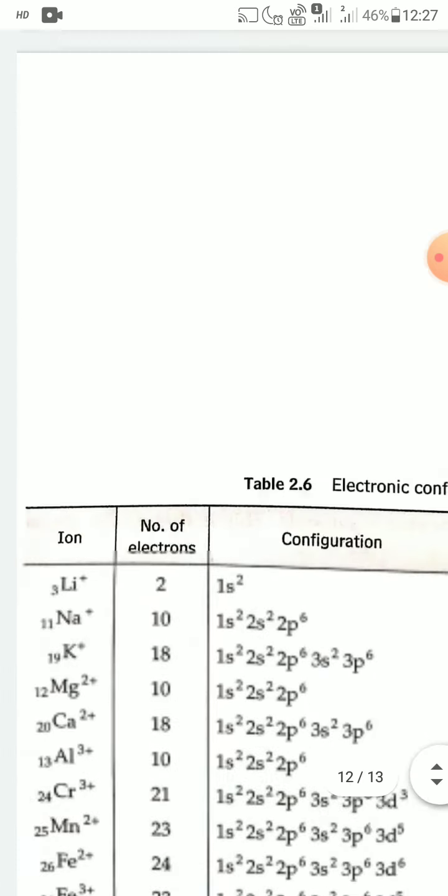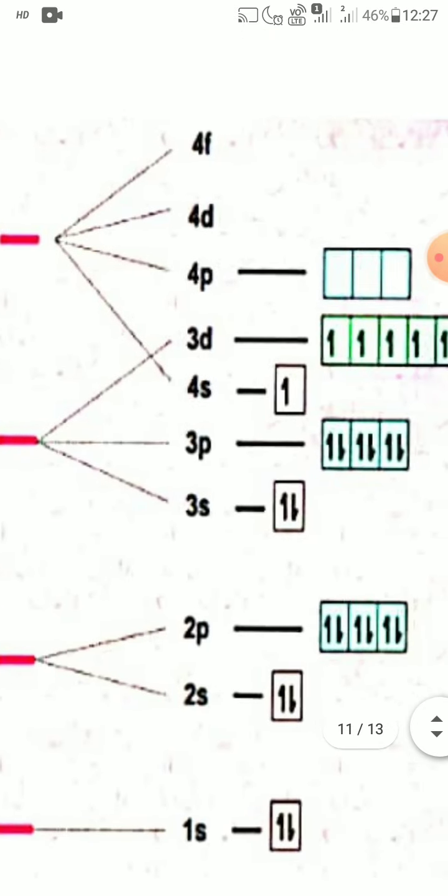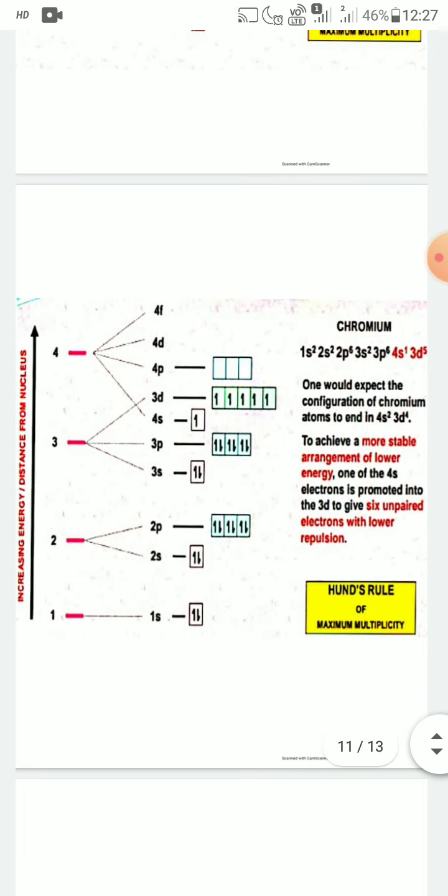Chromium has a total of 24 electrons, so you have to arrange these electrons in different orbitals: in the 1s orbital 2 electrons, in the 2s orbital 2 electrons, in the 2p orbitals a total of 6 electrons. So 1s2, 2s2, 2p6, 3s2, 3p6, 4s1, 3d5. This is the actual electronic configuration of chromium.